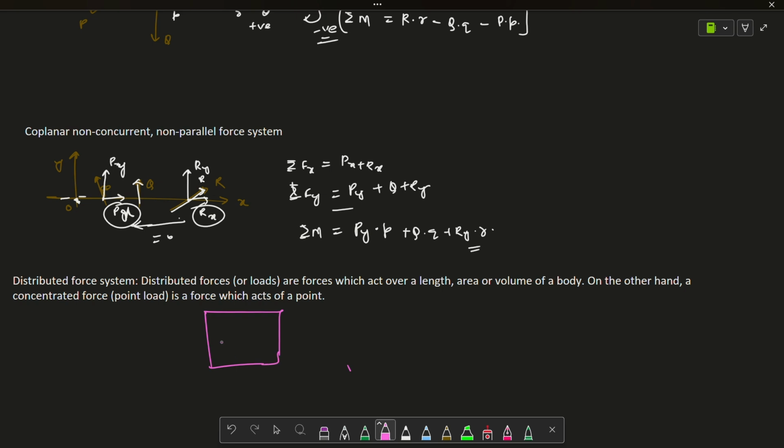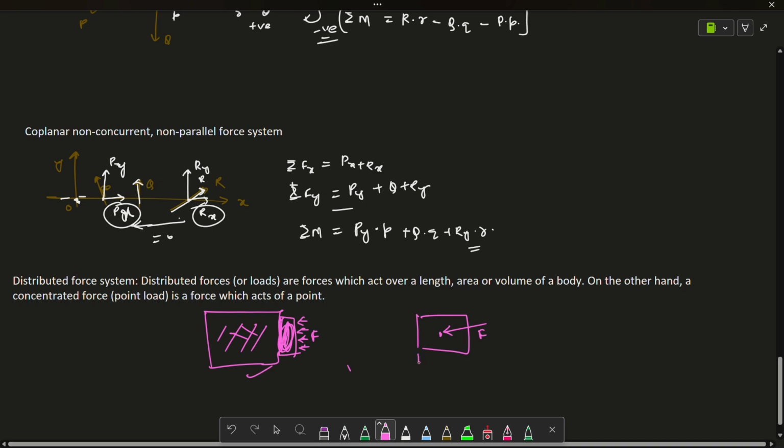If a body is there, distributed forces means the forces act overall, over a surface or a volume. But in case of a point load or concentrated load, a body is there and the force is acting at a single point, that is F. That's the difference between distributed force system and concentrated force system.